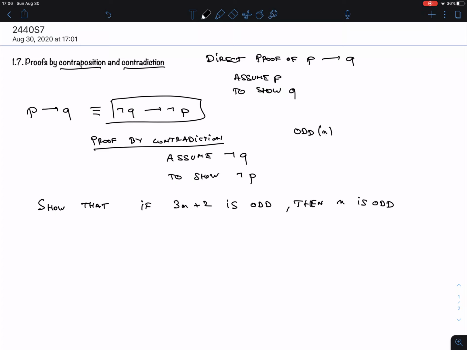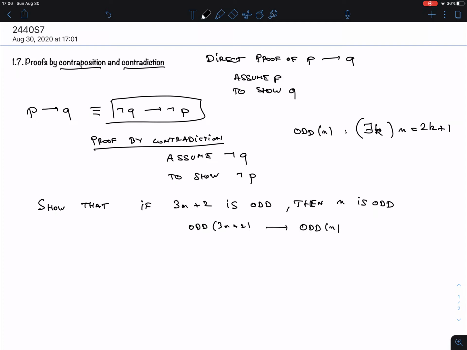Odd n means that n is odd, but there is a formal way of saying that: there is a k such that n is 2k plus 1. Twice a number is an even number, and then you add 1, you get an odd number. So that's the formal definition of our predicate. Formally, what we're saying here is that odd(3n plus 2) implies odd(n).